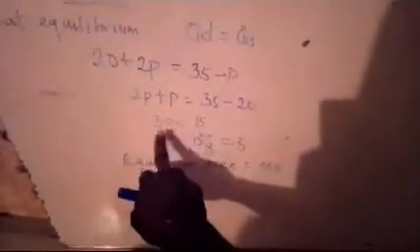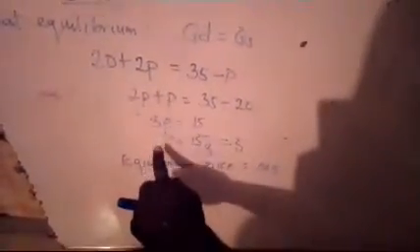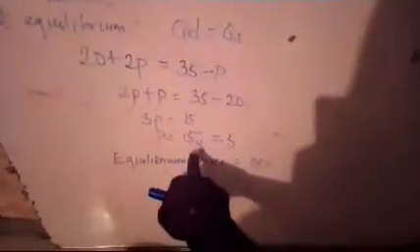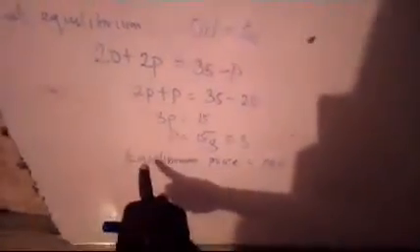We divide both sides by 3. Dividing both sides by 3, 3 goes in 3 once, leaving p, equals 3 goes in 15, that gives us 5. Therefore, our equilibrium price equals 5.